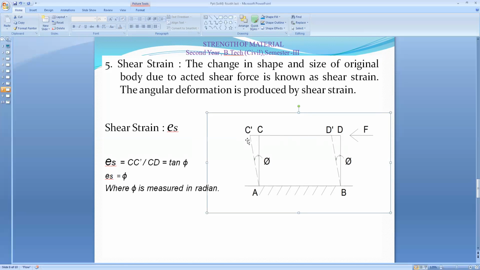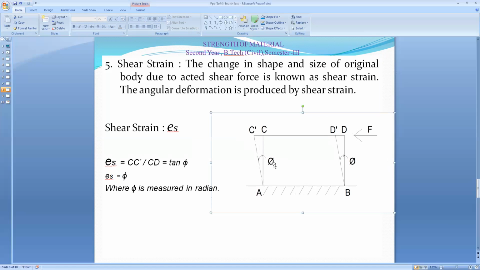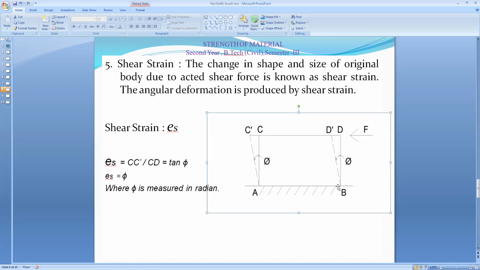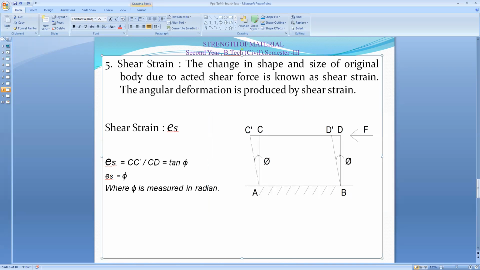So there is an occurrence of angular deformation, denoted as phi, and such angular deformation is created at point A as well as B as shown in the figure. So what is the definition of shear strain? The change in shape and size of the original body due to the acted shear force is known as shear strain.